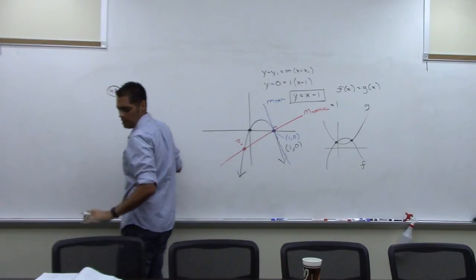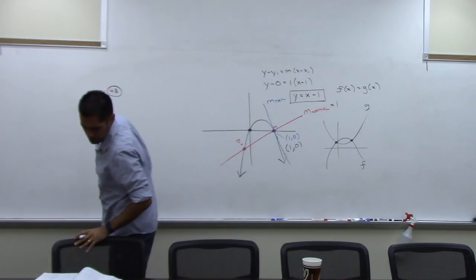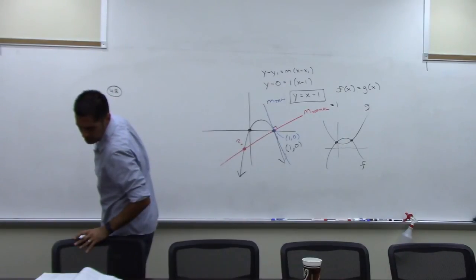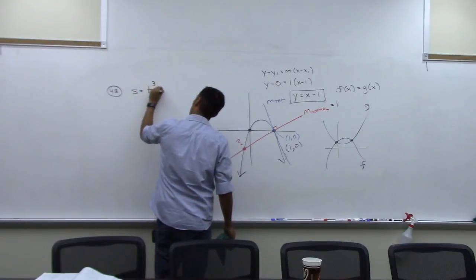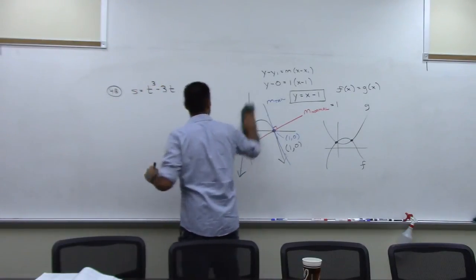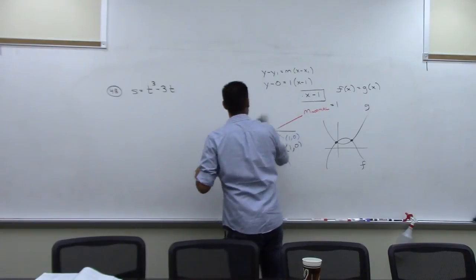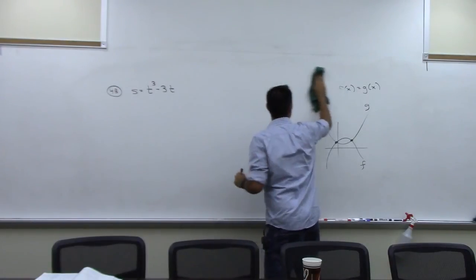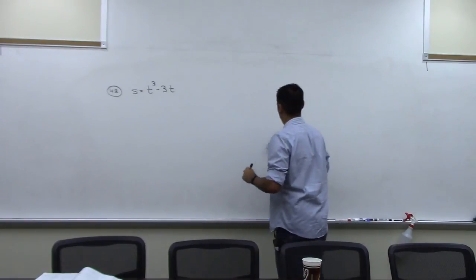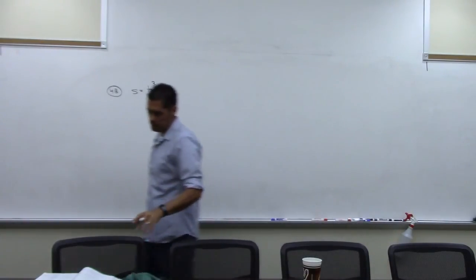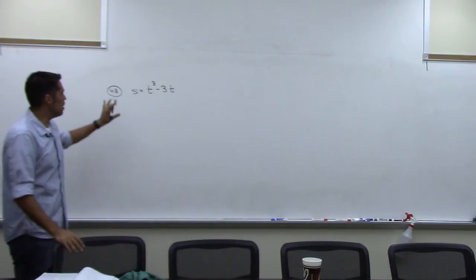43. All right, the equation of motion of a particle is s equals t cubed minus 3t. So this represents the motion of a particle.